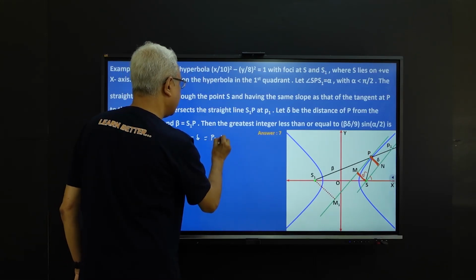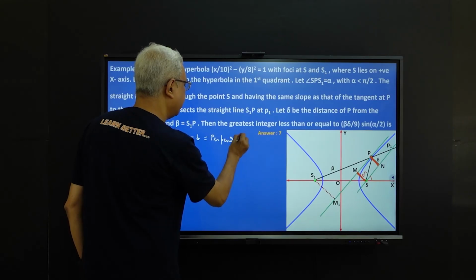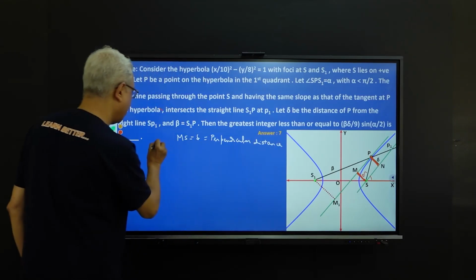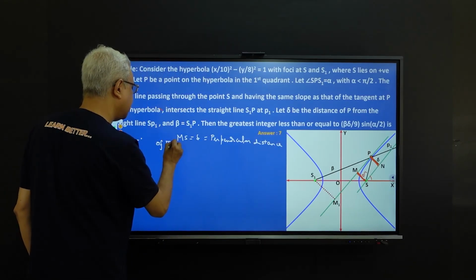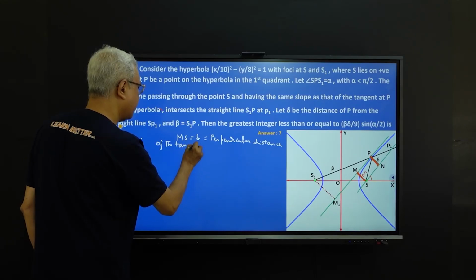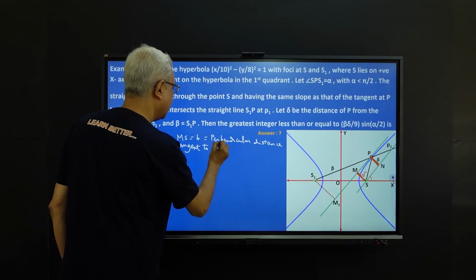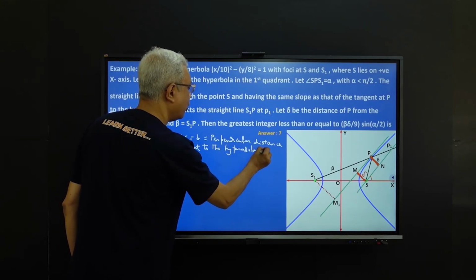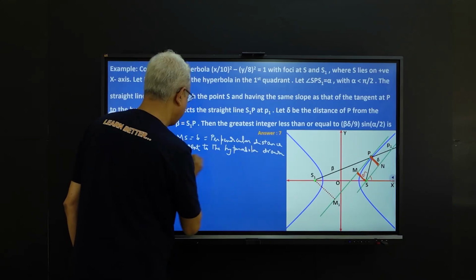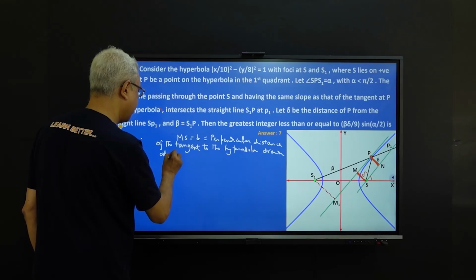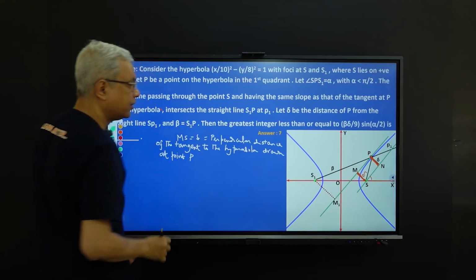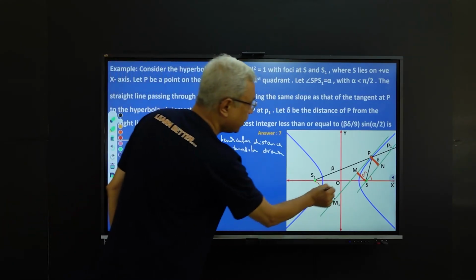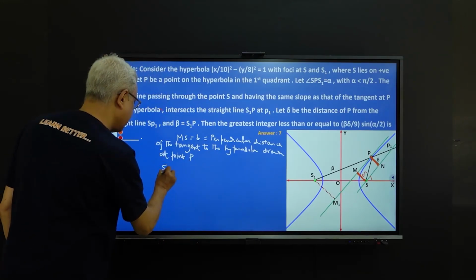Perpendicular distance of the tangent to the hyperbola drawn at point P. So this is delta and this is S1M1, this is M and this is S1M1.